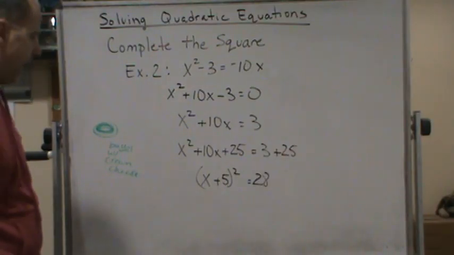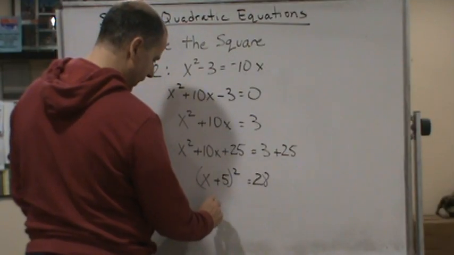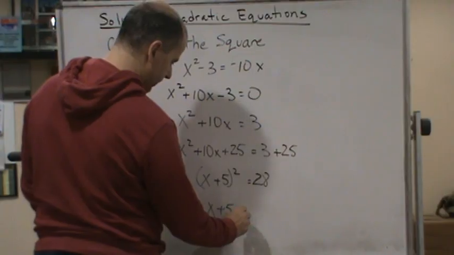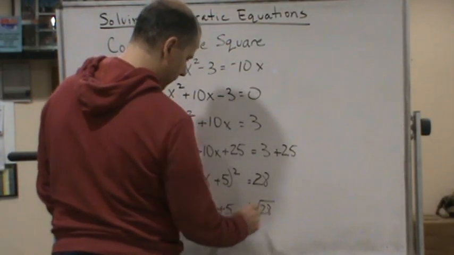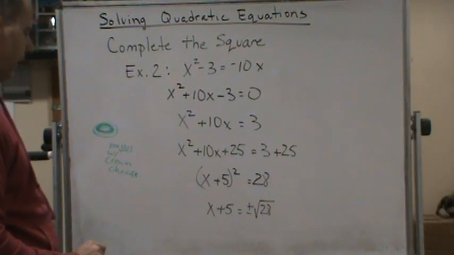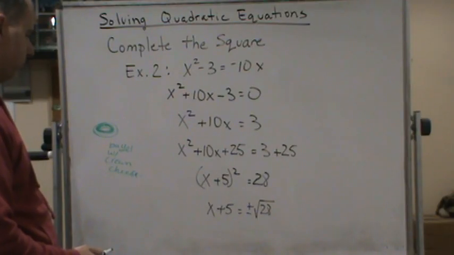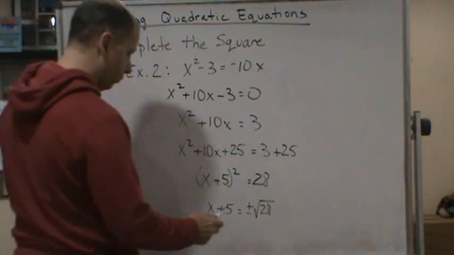Okay, now I can use the square root property and take the square root of both sides, and if I do that, I get x plus 5 is equal to plus or minus the square root of 28. Okay? And 28 is 4 times 7, right?